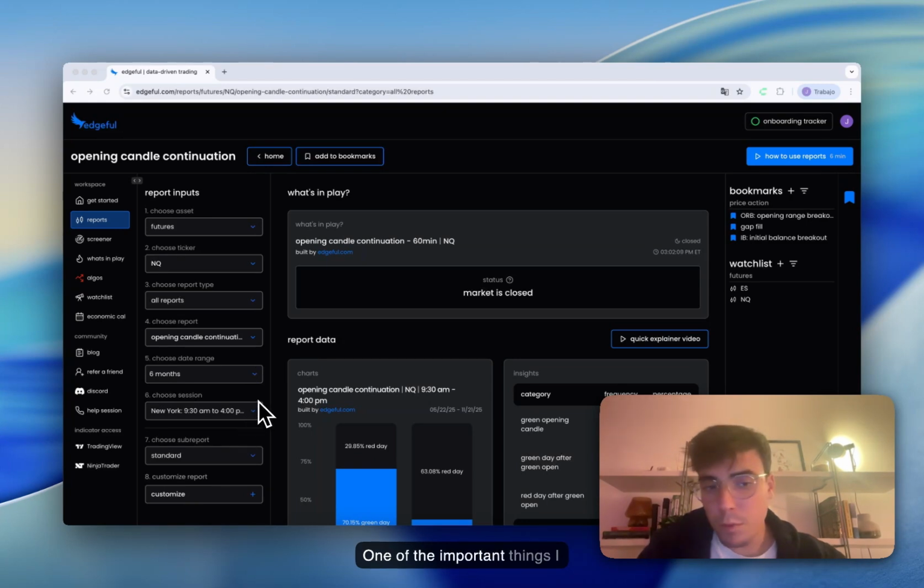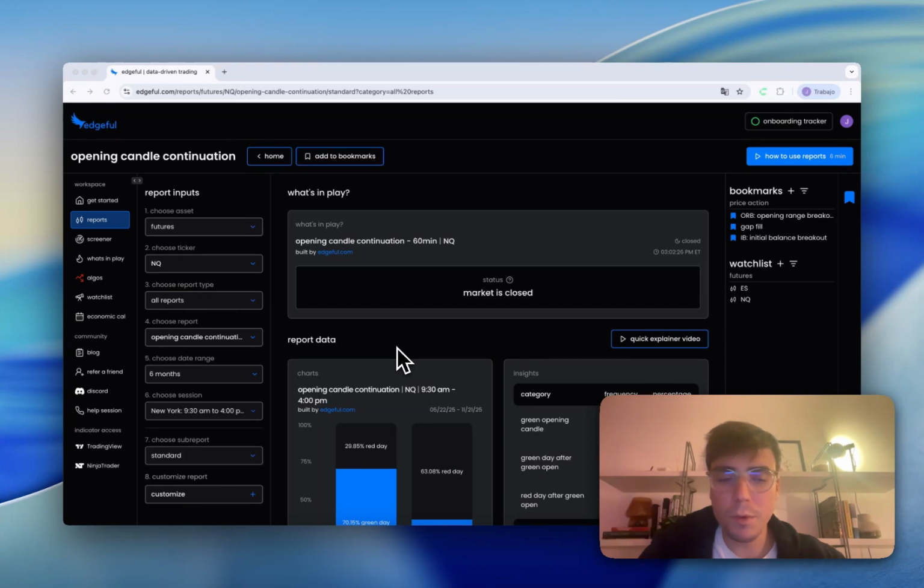One of the most important things, I would say, to check out what we mentioned before about the 4 a.m. hourly candle opening, and then we need to find out what are the probabilities or the statistics around what happens after the open.